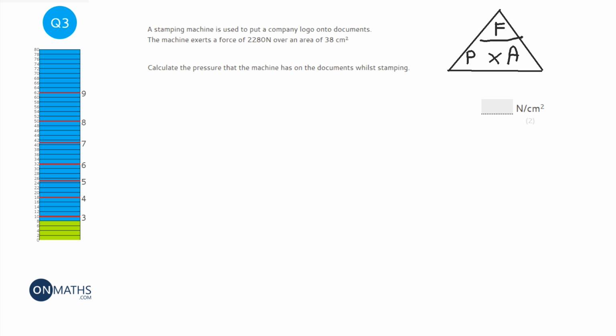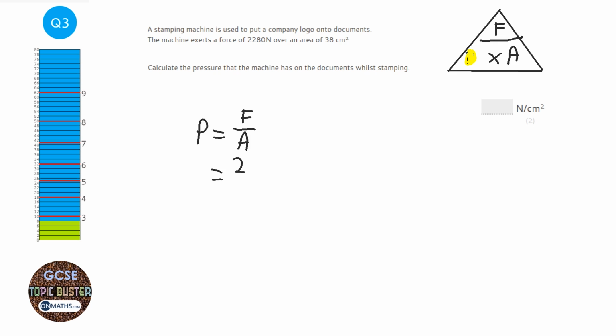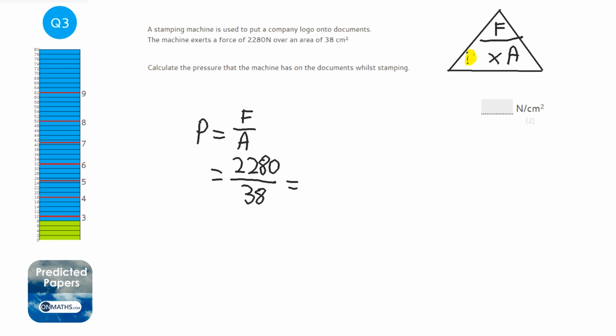So if we're asked to find the pressure, so we cover up pressure on the triangle, we cover that up, and it says that it's force divided by area. And it says that the force is 2280 newtons, and the area is 38. So we get our calculator out, 2280 divided by 38, and I get the answer of 60.